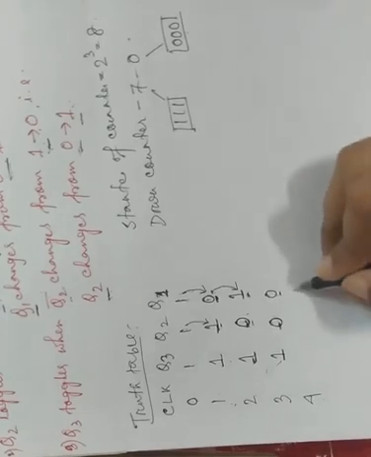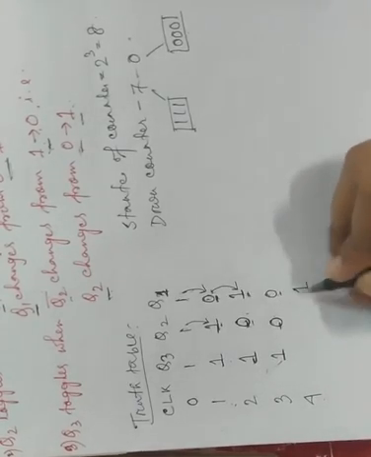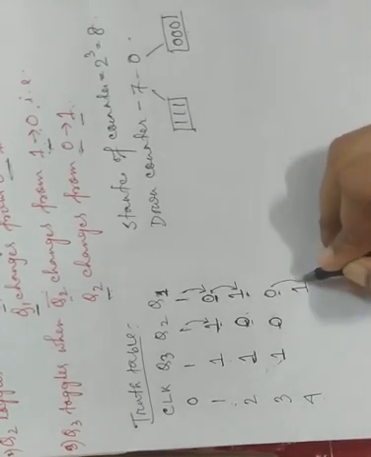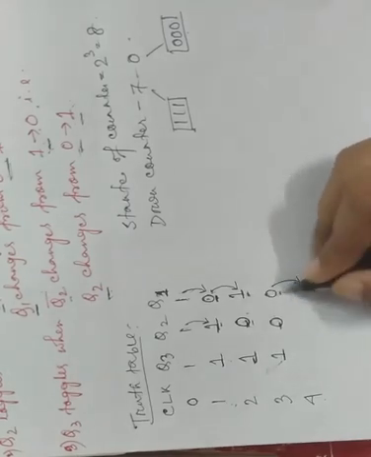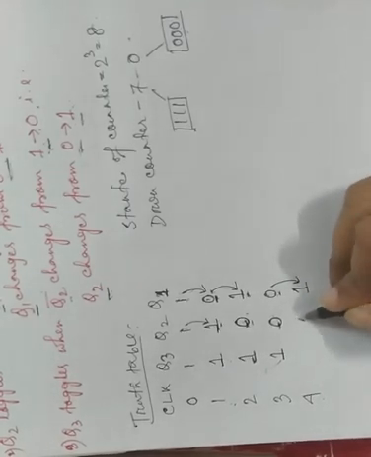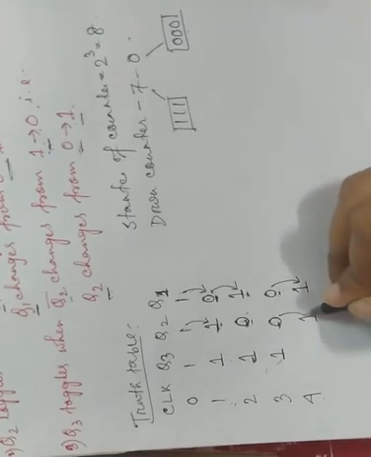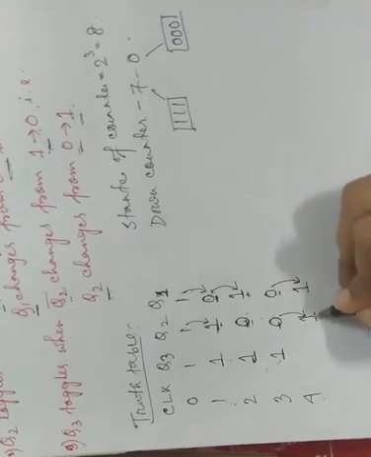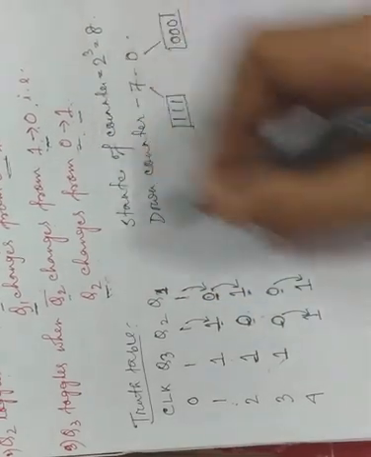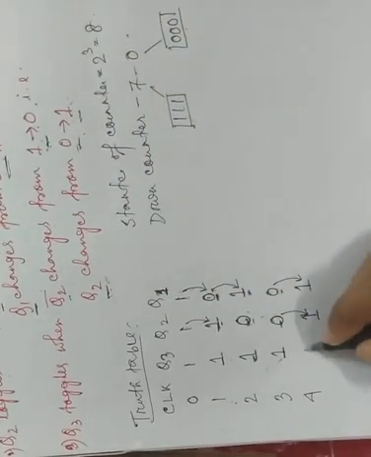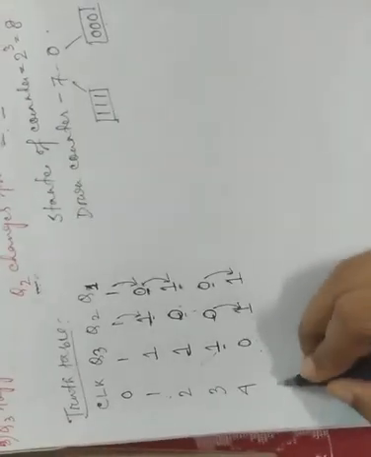Now in the 4th clock pulse, the first value will change, meaning it changes from 0 to 1. As Q1 changes from 0 to 1, Q2 also changes. Now Q2 again changes from 0 to 1. As this changes from 0 to 1, Q3 also changes. So previously it was 1, now it is 0.